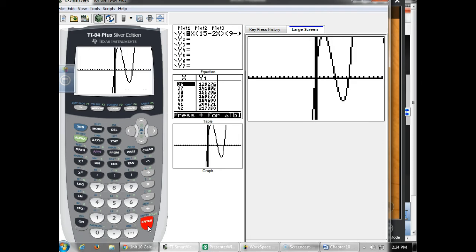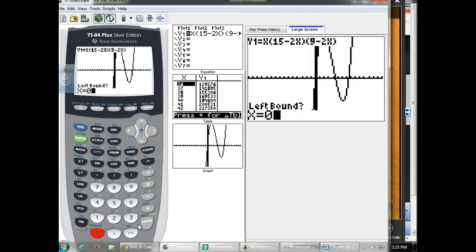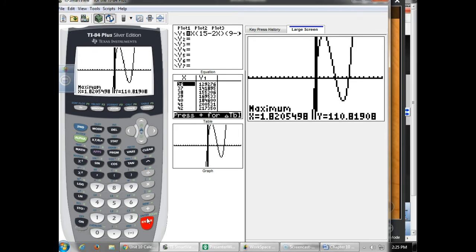Okay, enter, enter. Somehow it went away, so let me do it again. I'm going to do 0, and maybe I'll do 5 for the right bound. You just want to make sure your maximum location is actually between the two cursors here. So press enter, and it's going to be 1.82. And that would be the maximum volume right there. Okay?